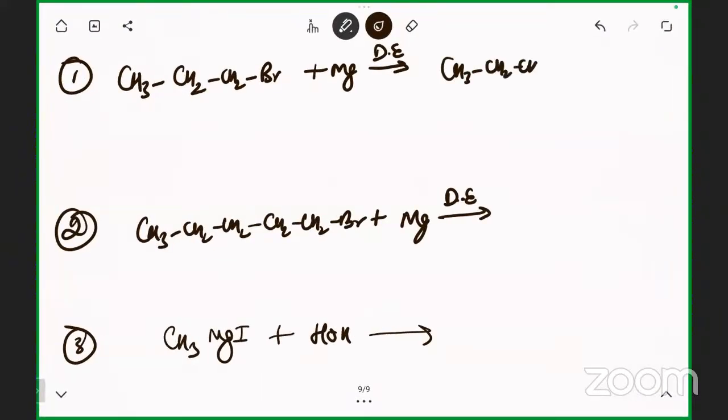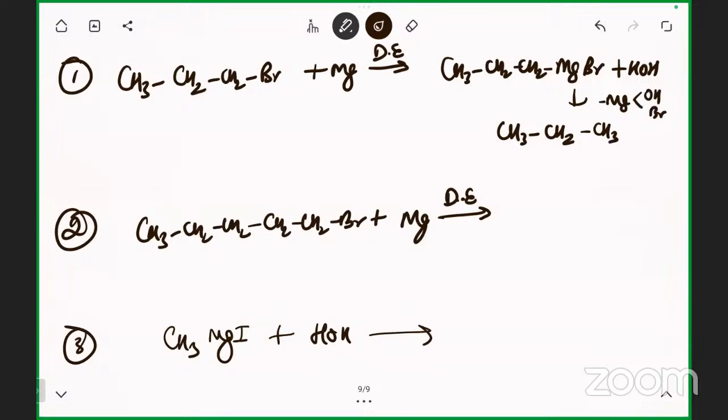CH3CH2CH2MgBr. Then we'll put water in that. It will form CH3CH2CH3 and it will give out Mg(OH)Br.